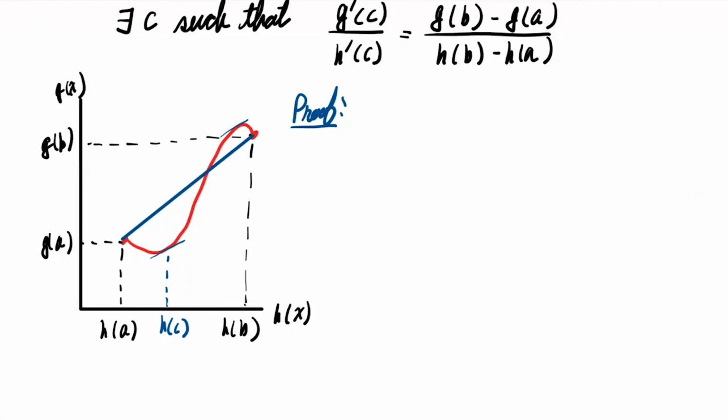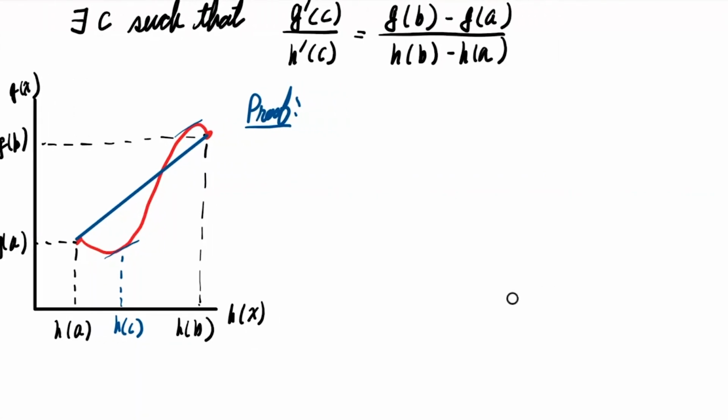Okay, let's prove it. Many times in math, you have to come up with a clever function, and this is a clever function. I don't expect you to be able to come up with this on your own, but you need to see this at least once in your life. This is a big deal.